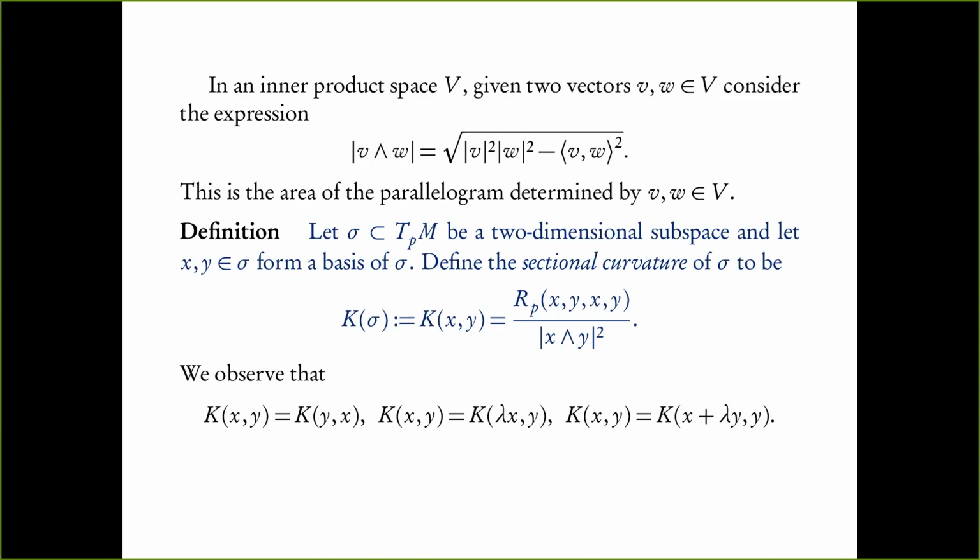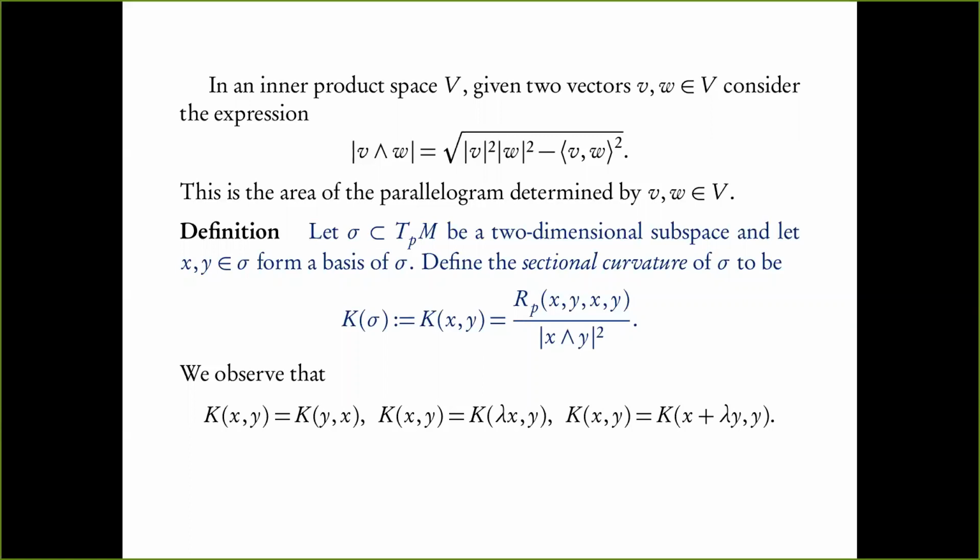So this slanting is exactly taken care of by adding lambda y to x. That's just saying that the areas of two parallelograms with the same base and height are the same, so the denominator of K of x plus lambda y, y is the same.